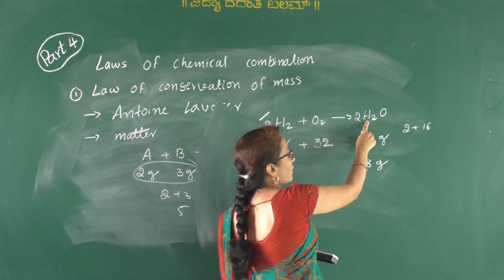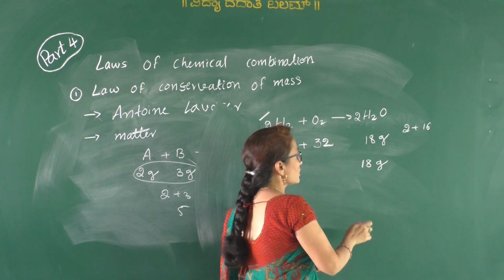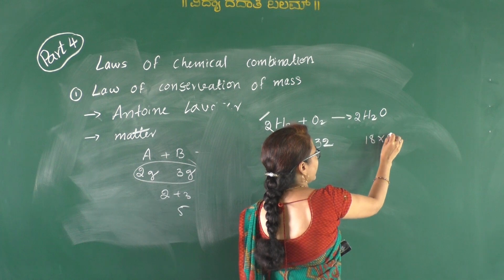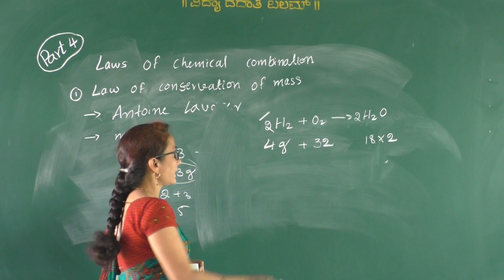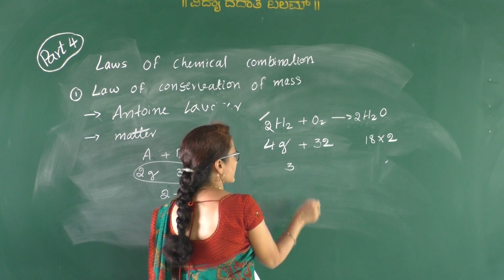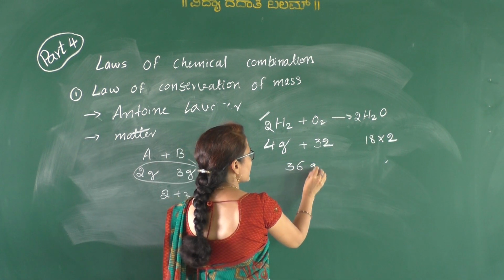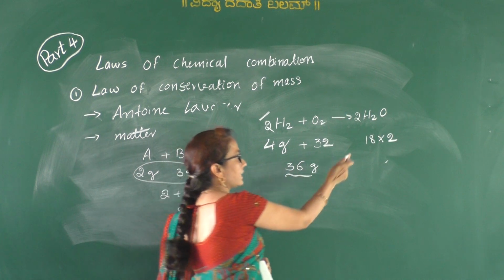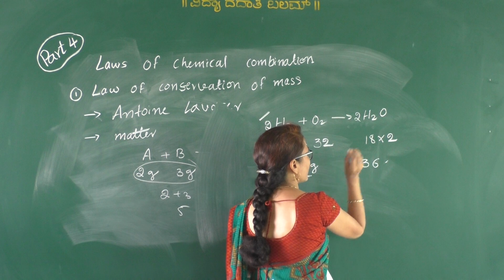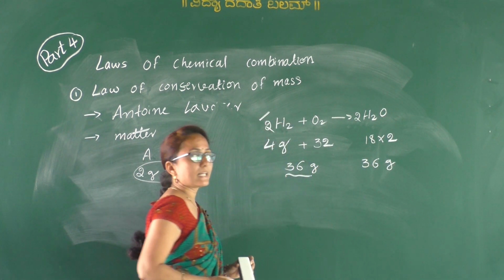One water molecule is 18 grams, so 18 into 2. Now calculate: 32 plus 4, we get 36 grams of reactants, and 18 twos are also 36 grams. So now it is balanced.